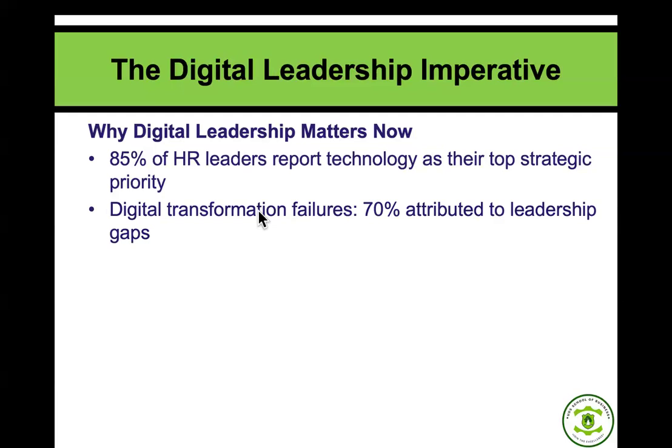Leadership gaps. Many of the technology failures that we see are not just because the technology is failing; many of the failures are as a result of leadership failure. That's interesting. 70% of digital transformation failures are attributed to leadership gaps and not necessarily technological failures.